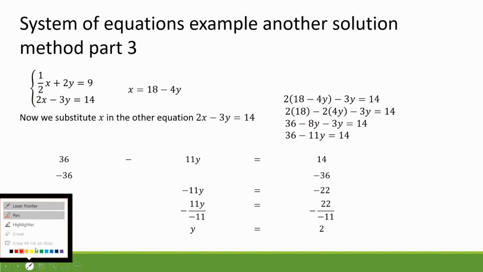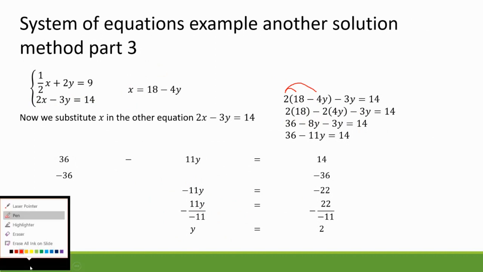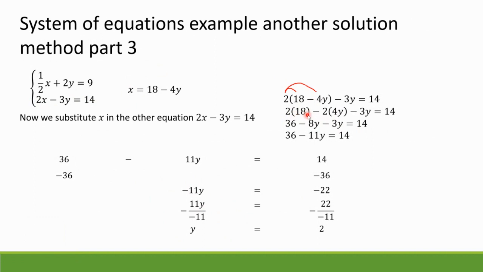That might be better. Distribute, you get 2 times 18 minus 2 times 4y minus 3y. And that's 36 minus 8y minus 3y, which is 14. So we get 36 minus 11y is 14.